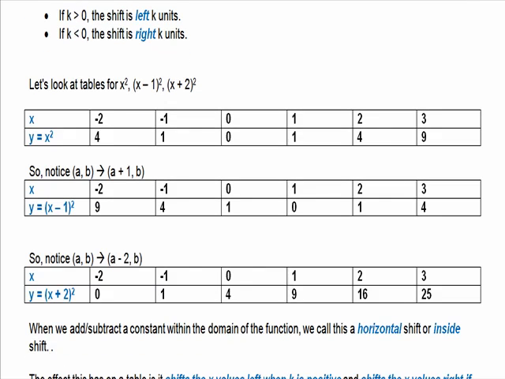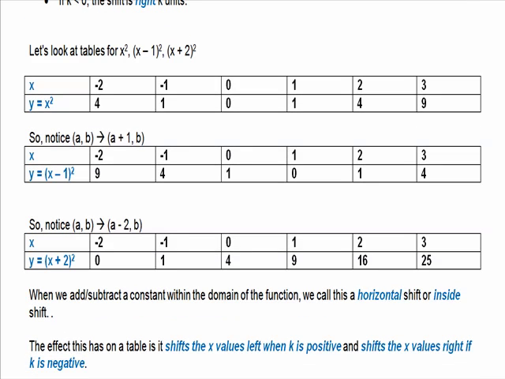Just like I did before, I could take a look at the tables. So again, I did the x squared table. Then I did an x minus 1 squared table. Notice again, the x minus 1 means shift to the right. It's as if I took the whole table and moved it. So if, for example, I took a look at this point, (negative 2, 4), if I shift to the right, that becomes (negative 1, 4).